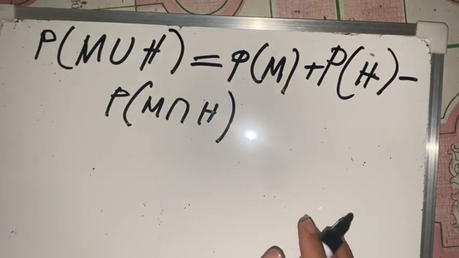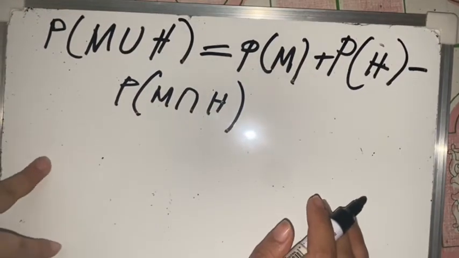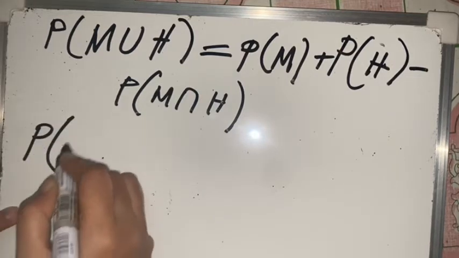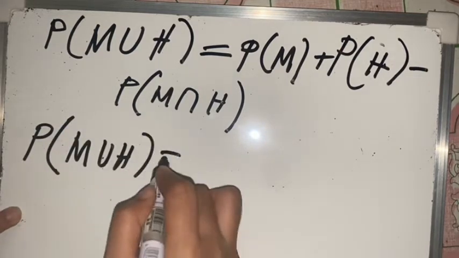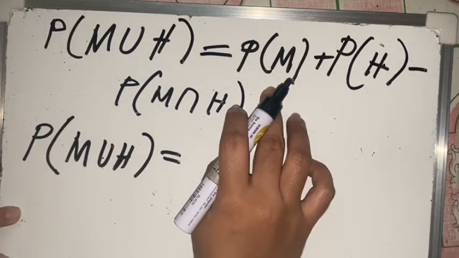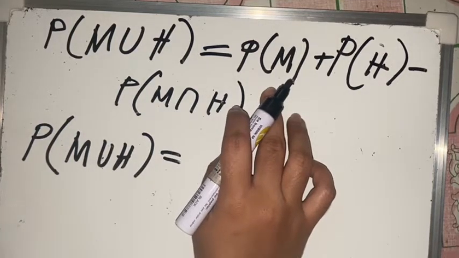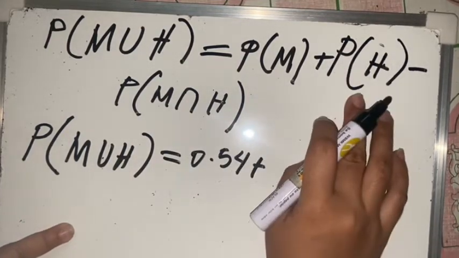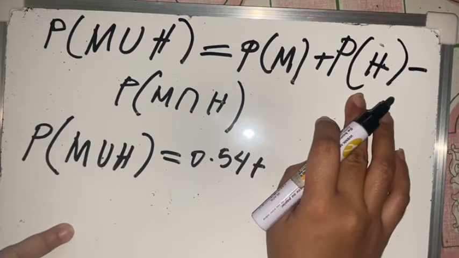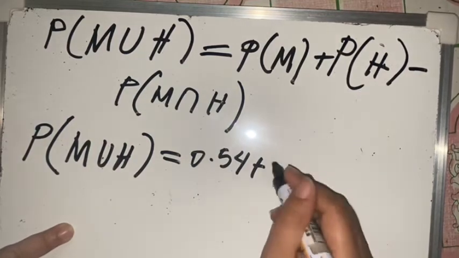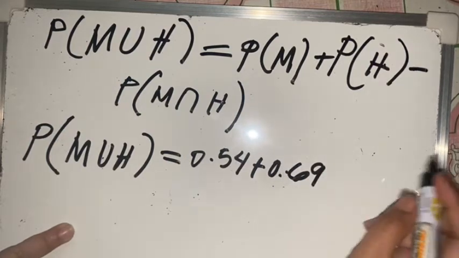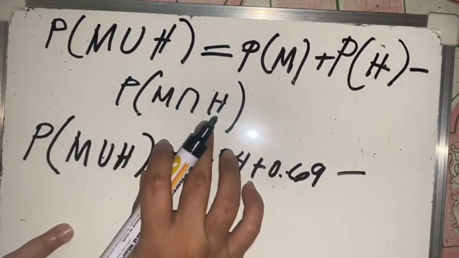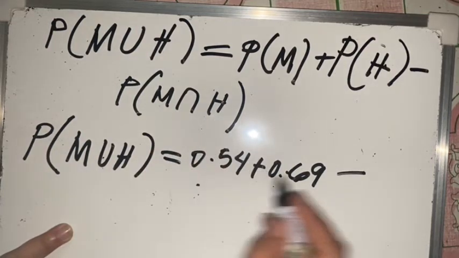So that would be our P of M union H: the probability of selected students who studied math is 0.54, right? Plus the probability of selected students who studied history is 0.69, minus the probability of the selected students who studied both mathematics and history, 0.35.